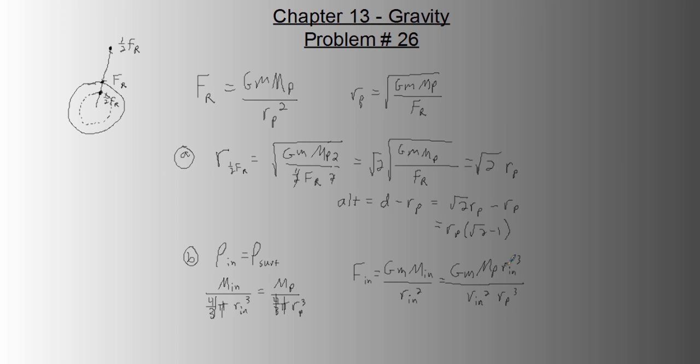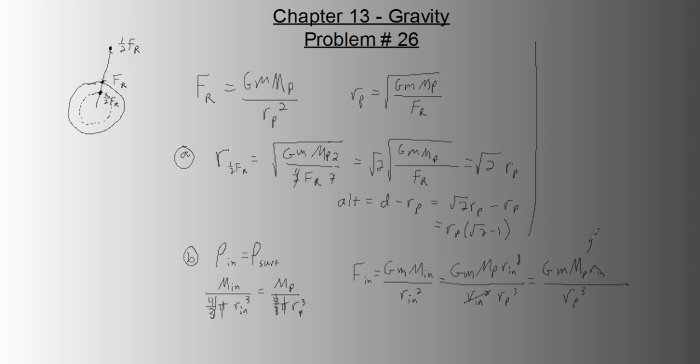So M P r in cubed over rp cubed was this, and then this stuff is from over here. So these cancel with two of these, which becomes G M P r in over rp cubed.